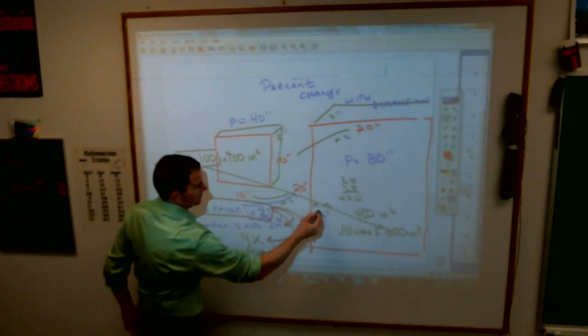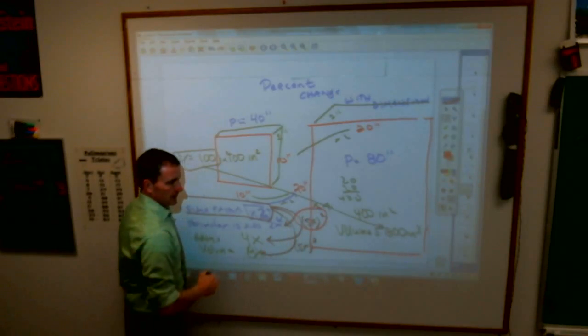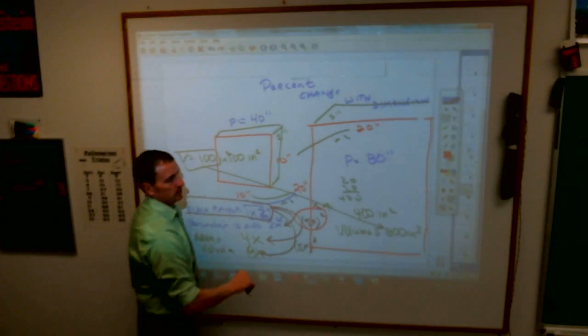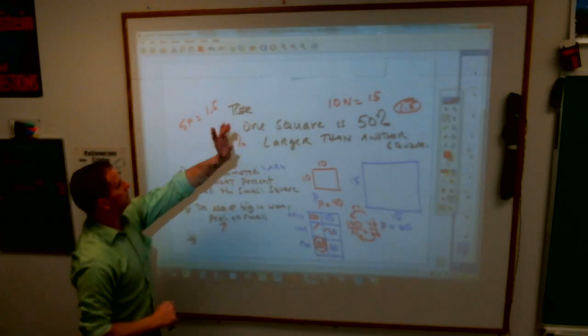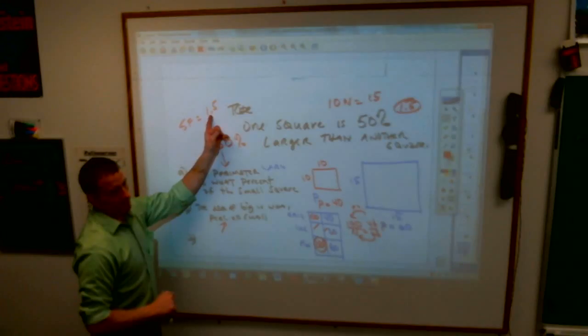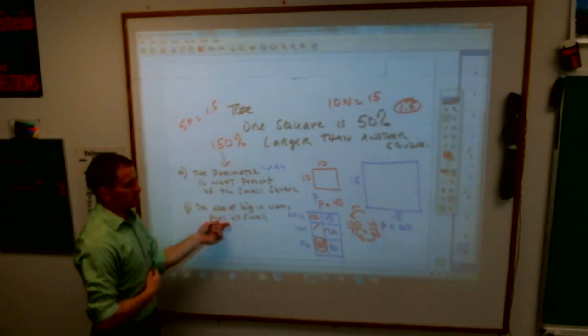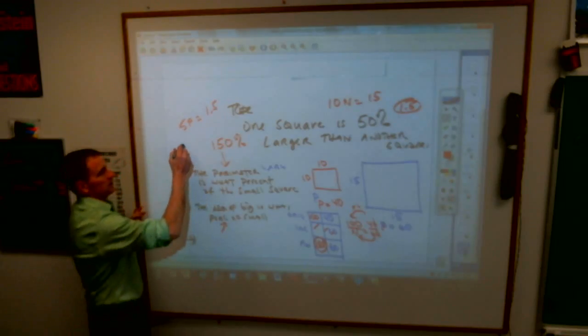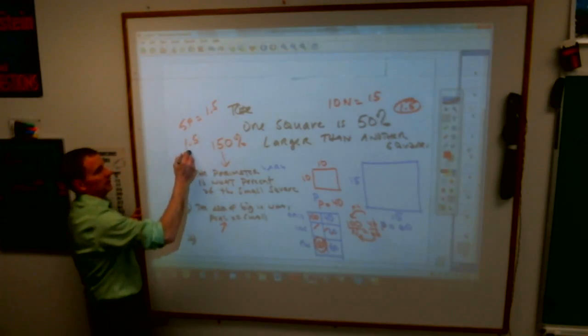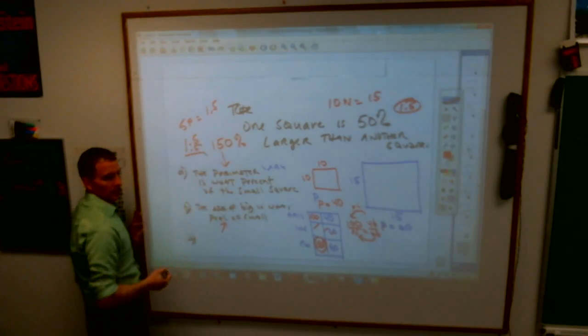What's this? Area, you always think scale factor squared. So guess what? My scale factor is what? Guess what my area, when I answer this question, what should I come up with? Scale factor squared. What is 1.5 squared? I know nobody likes to do it, but it is. Anybody?